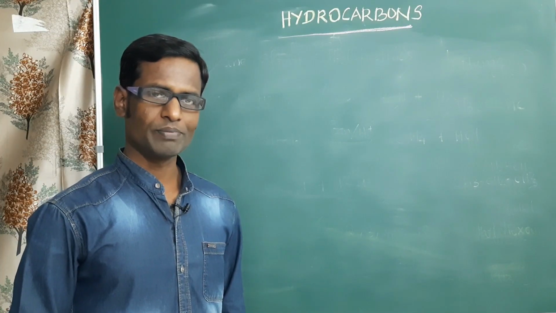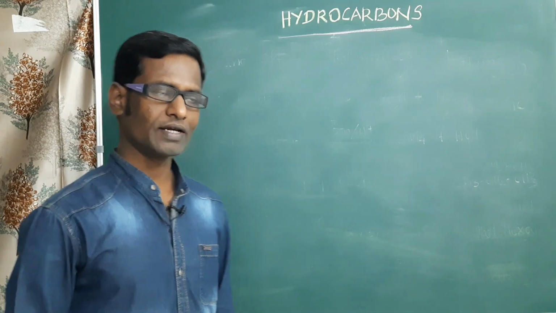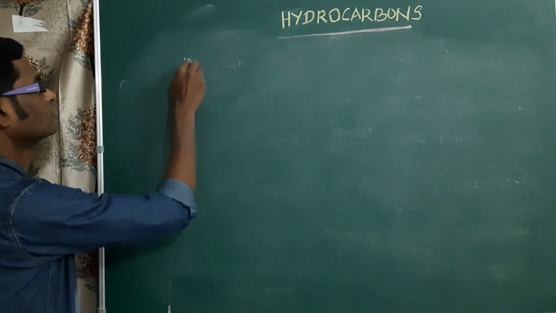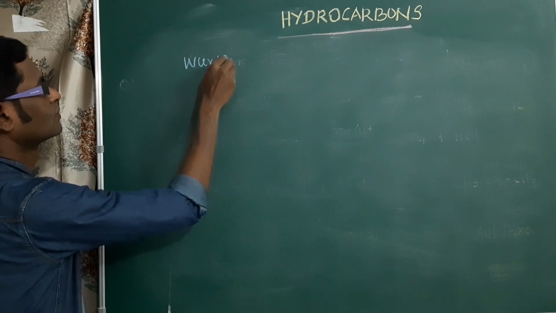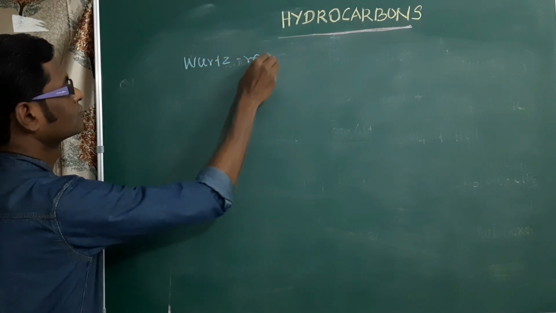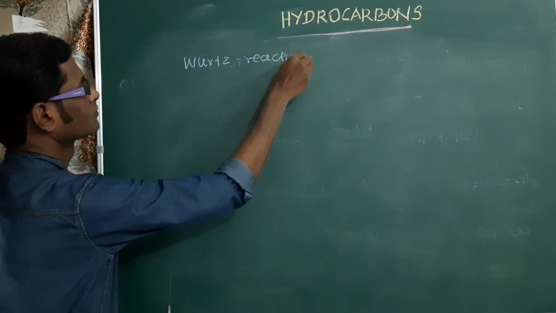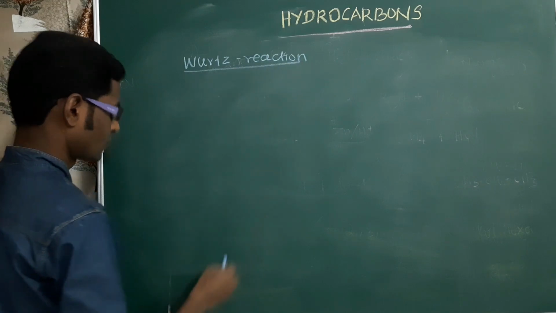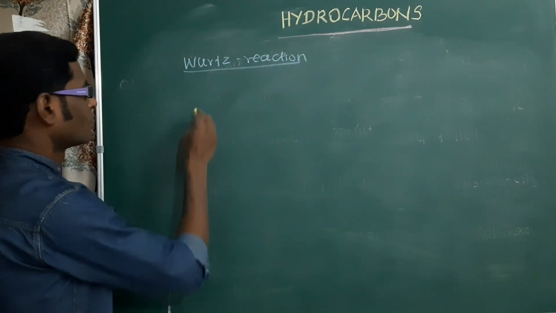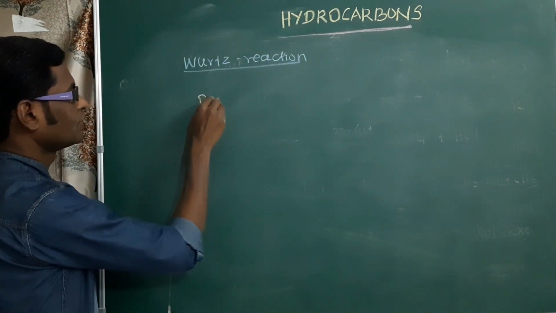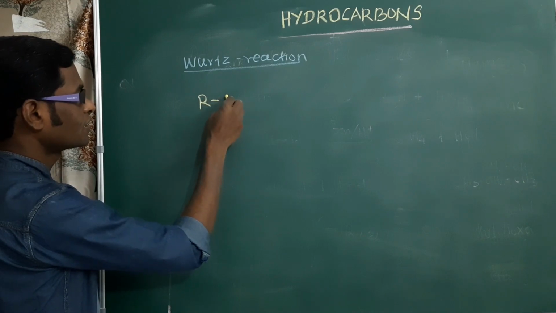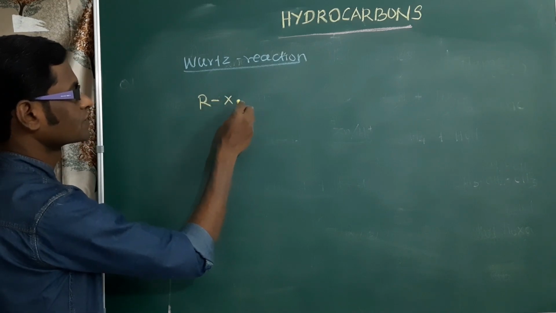Next method of preparation is Wurtz reaction from alkyl halide. This Wurtz reaction is used for preparation of higher members of alkanes.